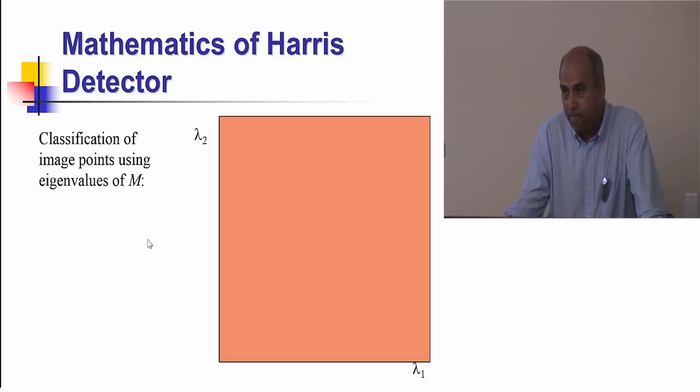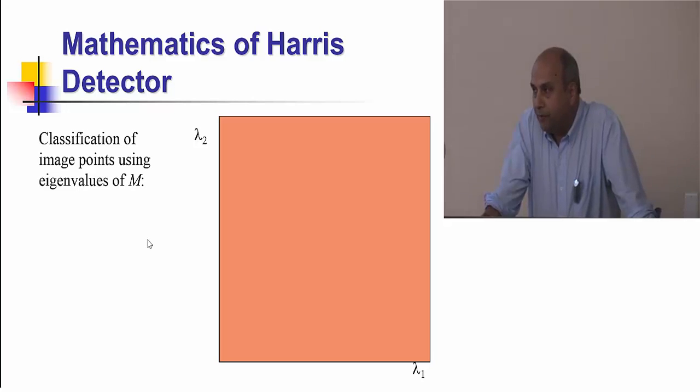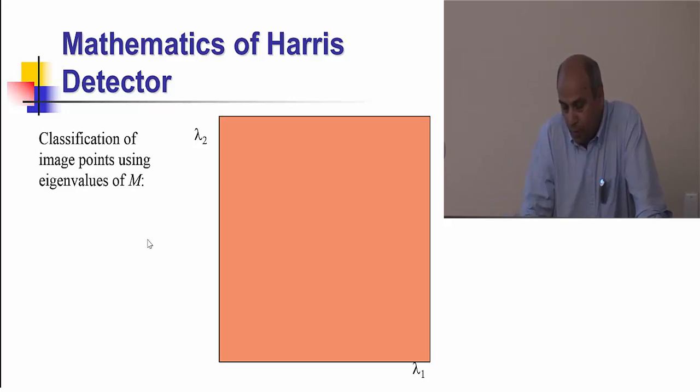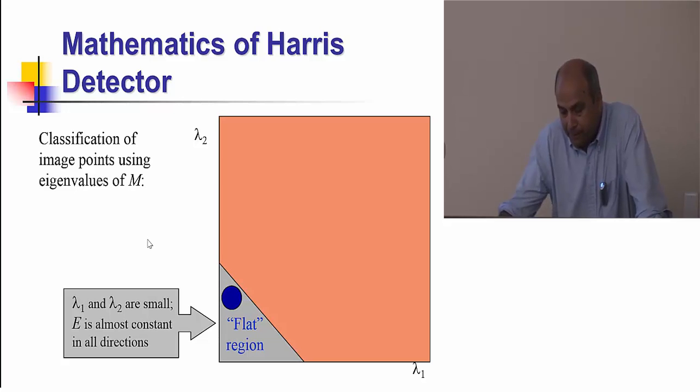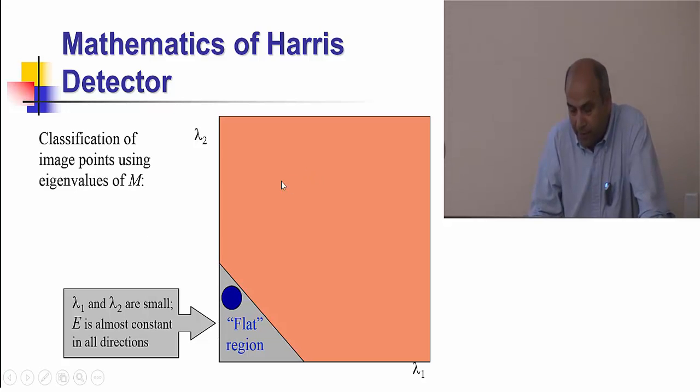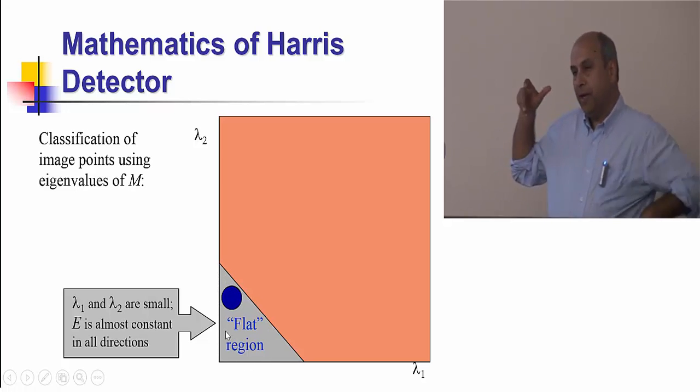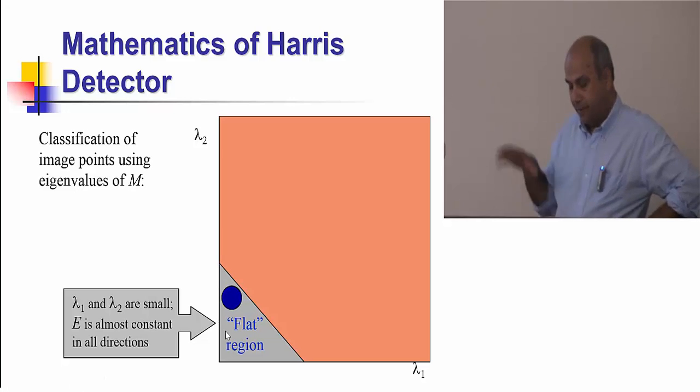What we want to do is look at the eigenvalues of this matrix M. A 2 by 2 matrix will have 2 eigenvalues, lambda 1 and lambda 2. If the eigenvalues are small and around here, then the window we are looking at will be completely flat.